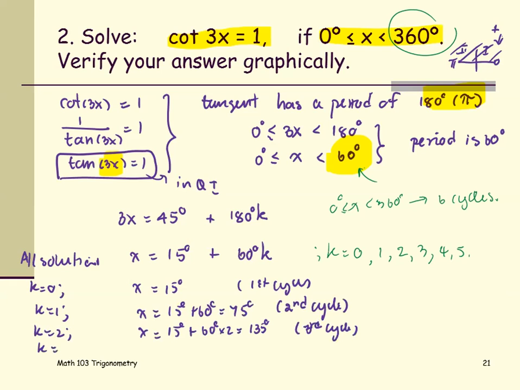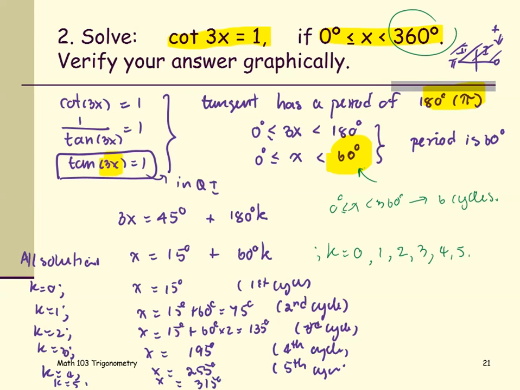And keep going in the same manner. For k equals 3, x equals 195 degrees. This one is the fourth cycle solution. And k equals 4 will be x equals 255 degrees, which is the fifth cycle solution. And the last one, when k equals 5, x equals 315 degrees.